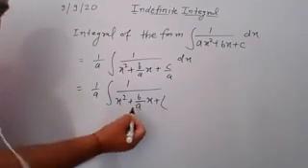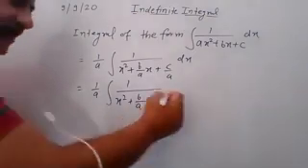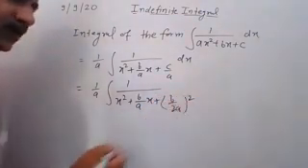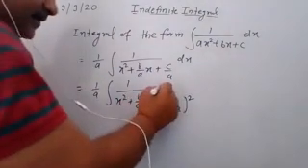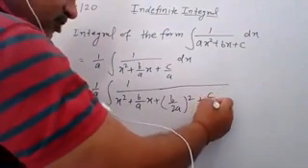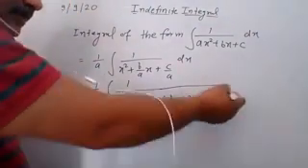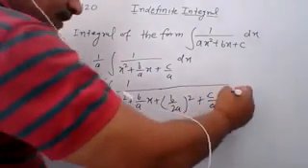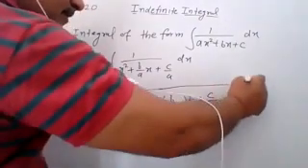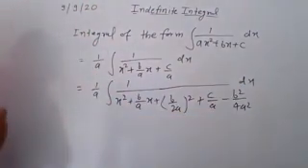Your coefficient of x is b by a, so its half is b by 2a. So b by 2a whole square is added, and you also subtract it: minus b square upon 4a square dx. You can write it in this way.